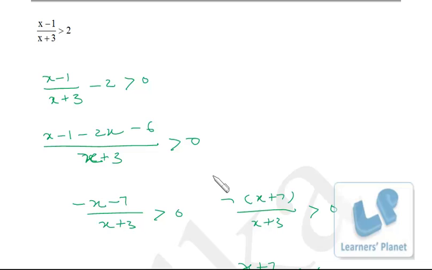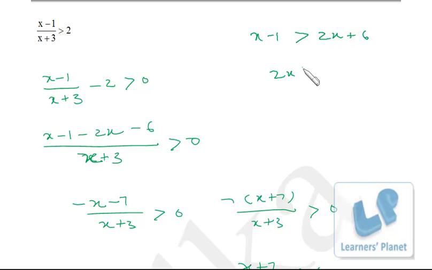Now similarly, if you do not follow this method, and if you go for the cross multiplication, see what happens. In this case, x minus 1 is greater than 2x plus 6. I just multiplied 2 to (x plus 3), so it is 2x plus 6.